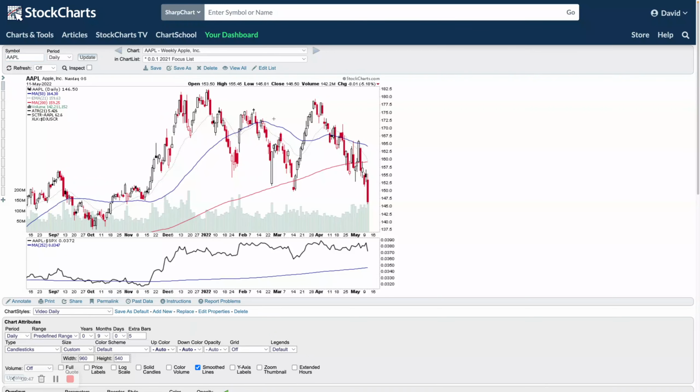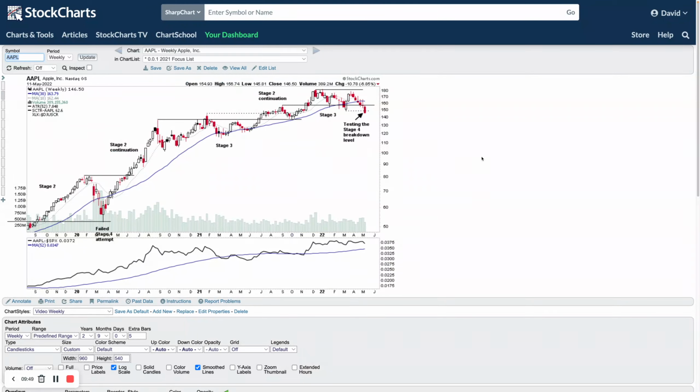And with this attempting to break down, this could obviously be a precursor to a much deeper move in the market if it does manage to break down into stage 4 here. If it can hold and we get a rebound, then we start to see a little bit of spring type action that can get back above that 30-week moving average and start to move back up to the upside again.